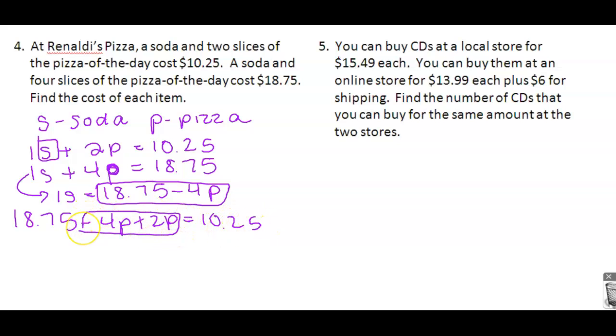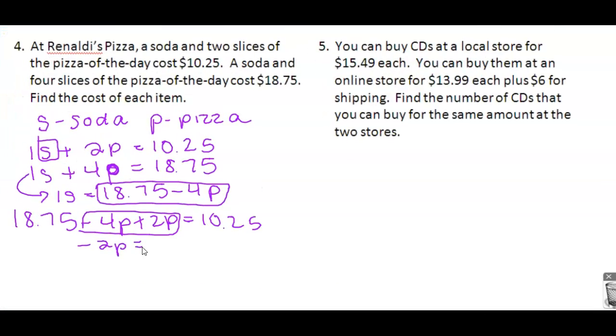Combining like terms, you get negative 2p. Subtracting, 10.25 minus 18.75. It seems weird that you're going to have it equal to a negative, but we have the negative 2p.